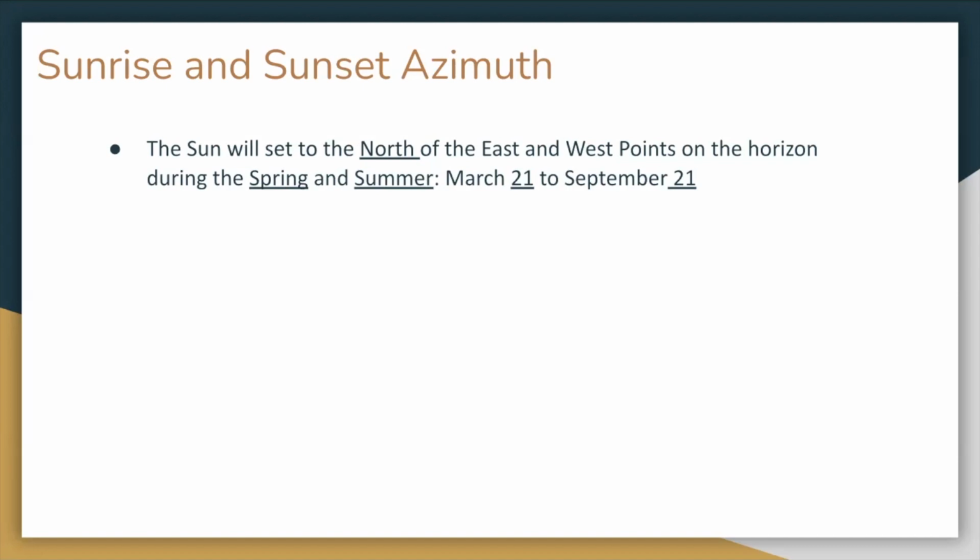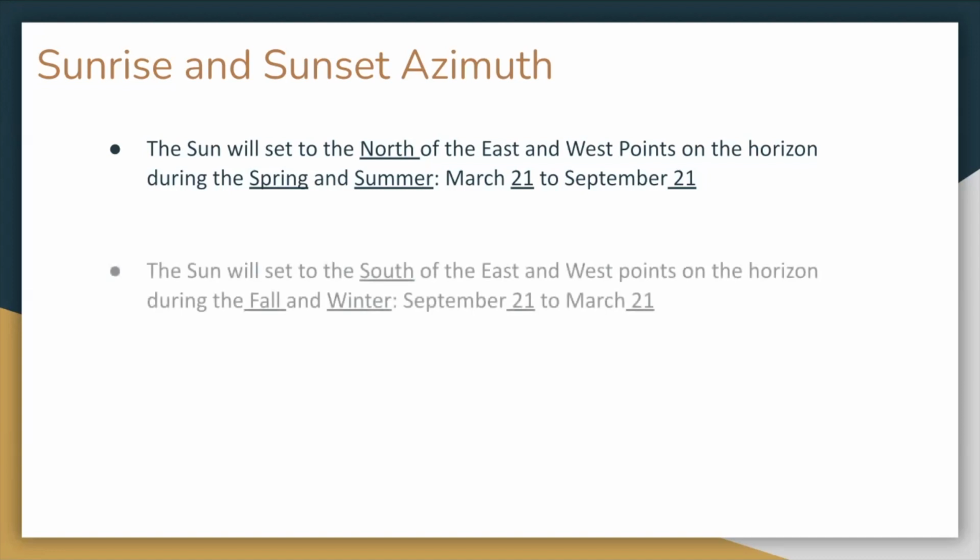So in the spring and summer, the sun sets slightly to the north of east and west. The opposite occurs during the fall and winter. The sun will set to the south of the east and west points during the fall and winter, so roughly September 21st to March 21st.